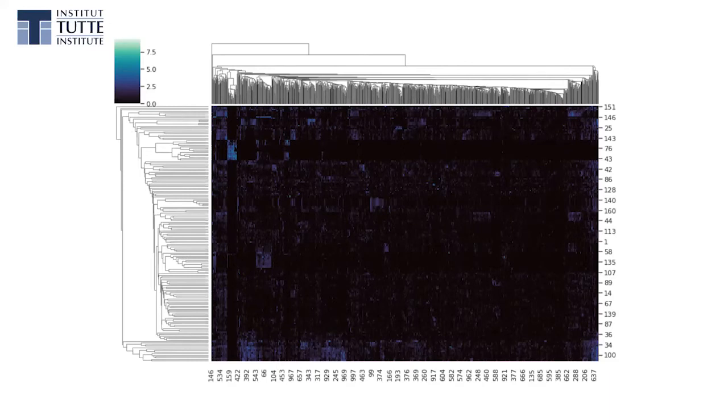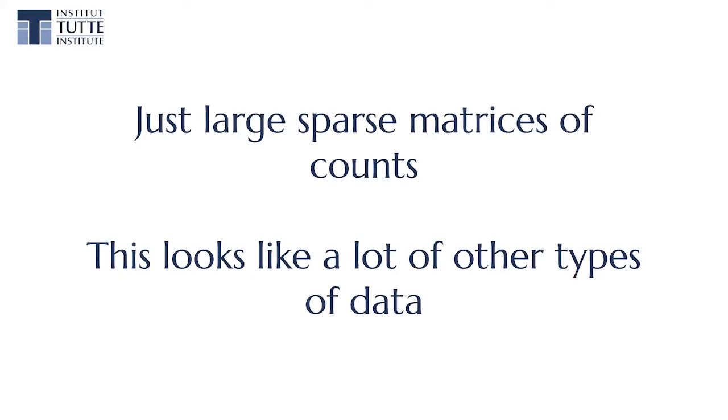And I hope you're looking at this picture and saying, well, this looks like a lot of the pictures that I tend to see in single cell data sets. They tend to look like this. They're sparse. We're often log transforming things. They're really just counts under the hood. And that's what's going on. So just large sparse matrices of counts. I want to emphasize this looks like a lot of other kinds of data. I think there's a lot of places we could actually apply these techniques to.